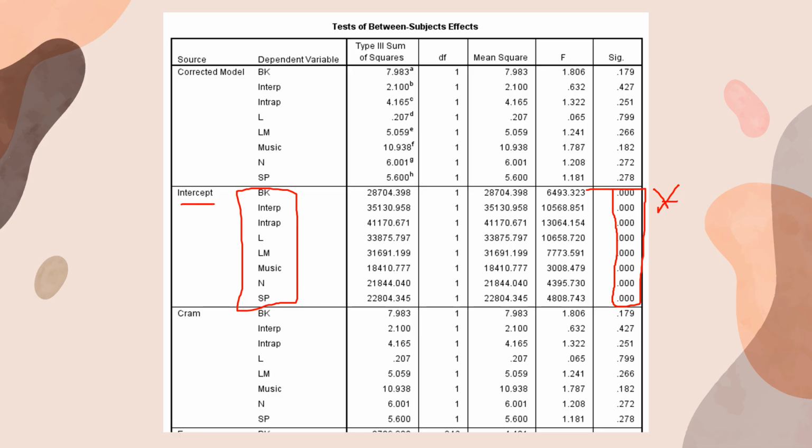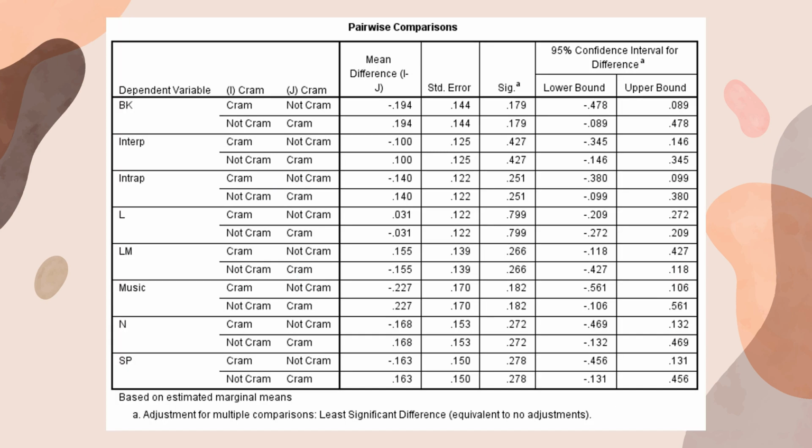It's under the intercept. And for the crank, the main effect right here, no significant result here. If we check out the significance right here, also no significant result.